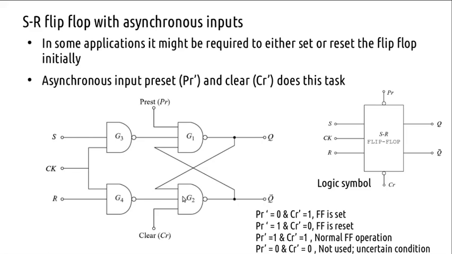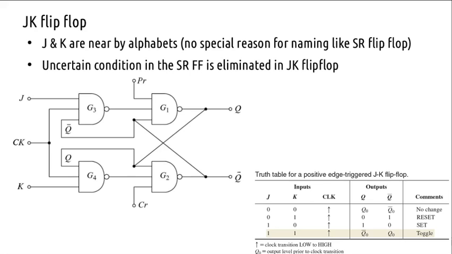So these are asynchronous inputs. They come with SR flip flop as well as JK flip flop. You will come across ICs like 7473 and 7474. One of them has asynchronous preset and clear, the other doesn't. I think we mentioned those ICs yesterday.